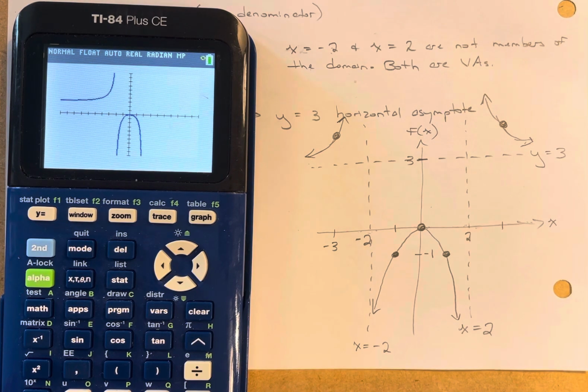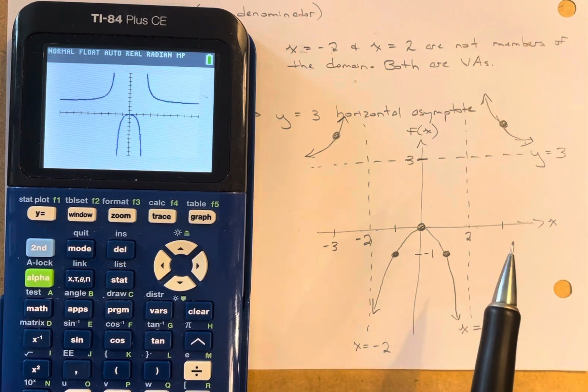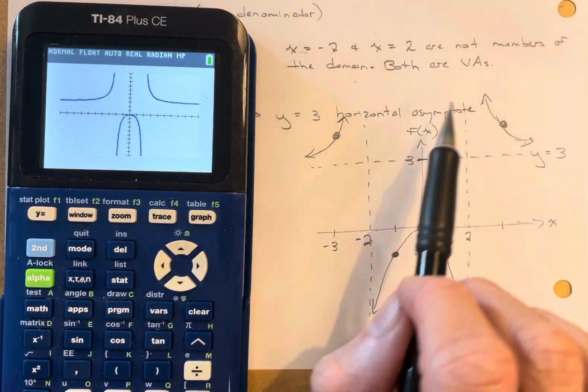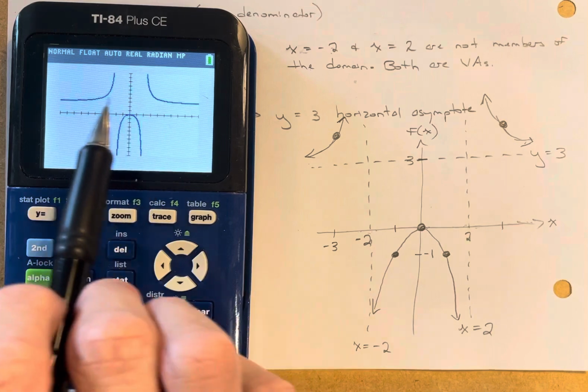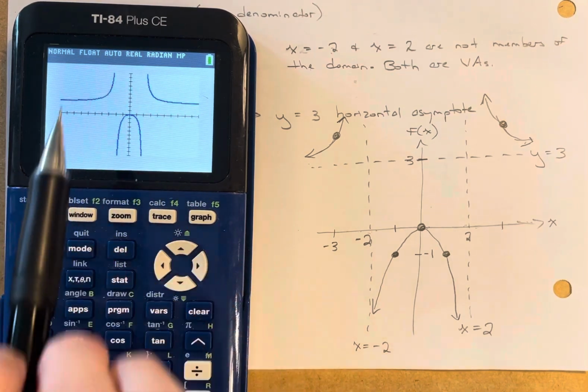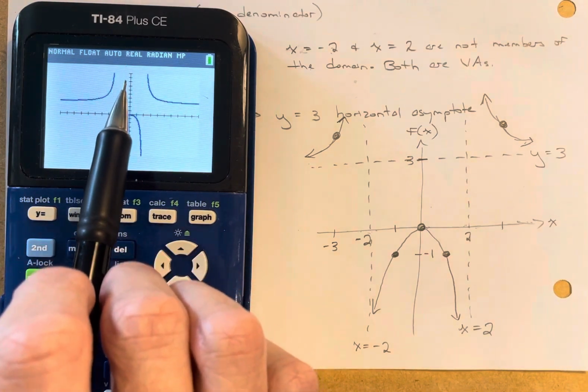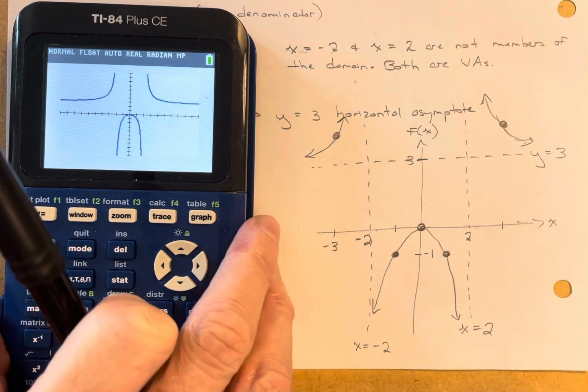There's that middle piece, and there's that right upper corner there. You can see it's very similar to what I was sketching out, a little bit less room, but you can see how the vertical asymptotes and the horizontal asymptote are shaping how that looks on the left and right. And you can see the y-axis symmetry going through there.